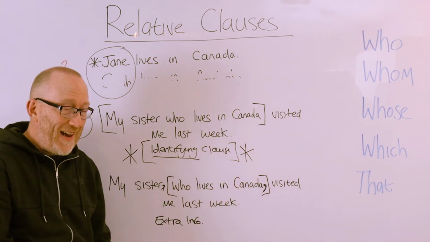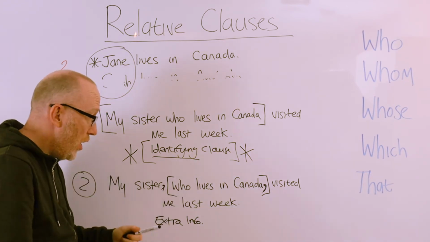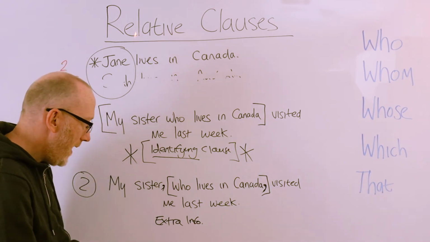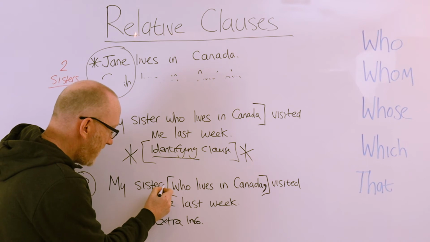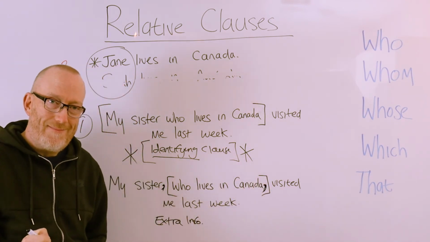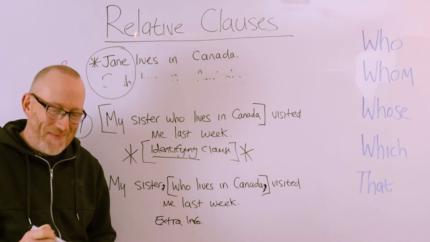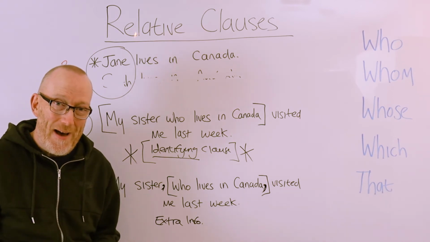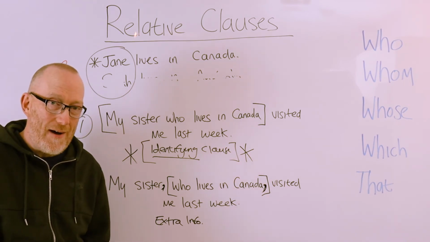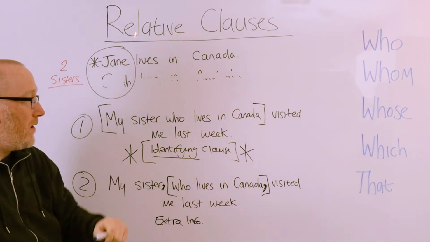So this is just providing extra information, unnecessary information. And because it's unnecessary, it has to be separated with commas. Okay? I hope that's clear. I hope that helps to clarify for you guys how to use your relative clauses.